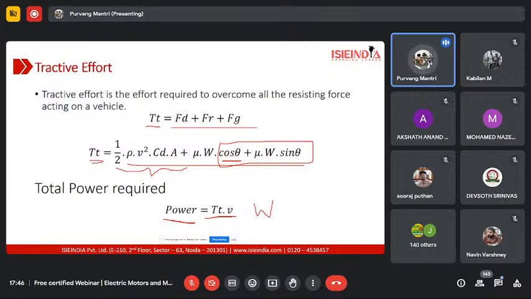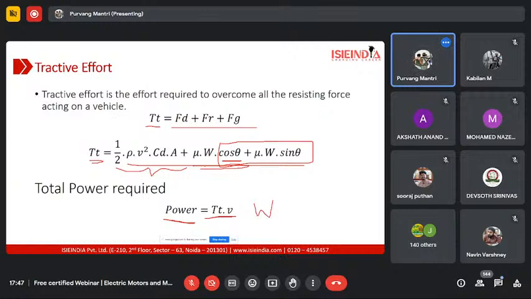But the majority of the time, the vehicle is going to be driven on a flat surface. So in that case, drag force can be neglected because the velocity of the vehicle in city traffic is minimal. If you want, you can still calculate drag force, but you can neglect it as well. The main one is rolling resistance. Rolling resistance acts in every condition, so you need to consider rolling resistance in every case.